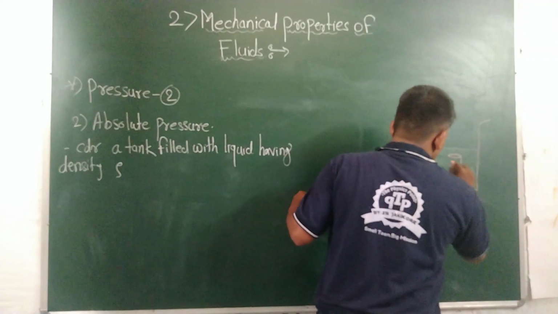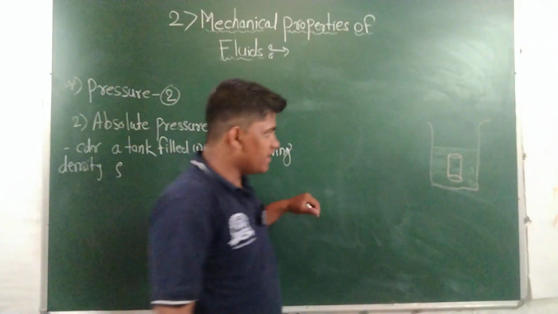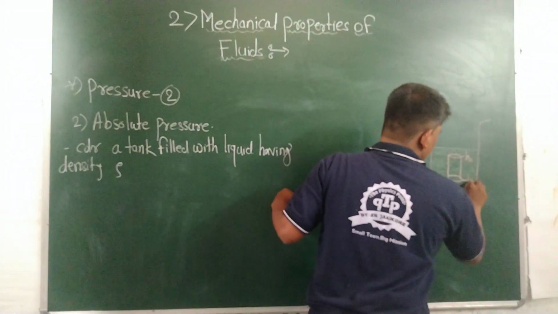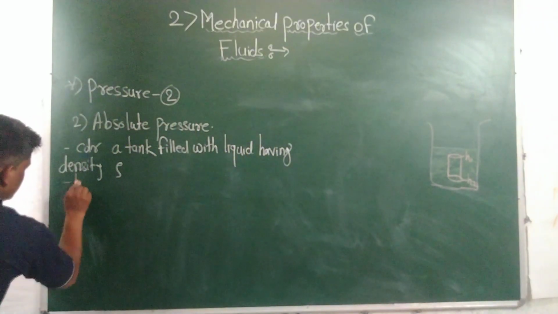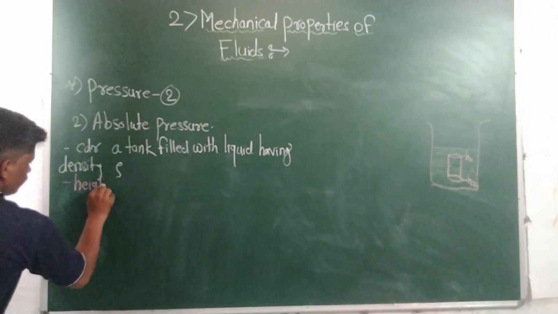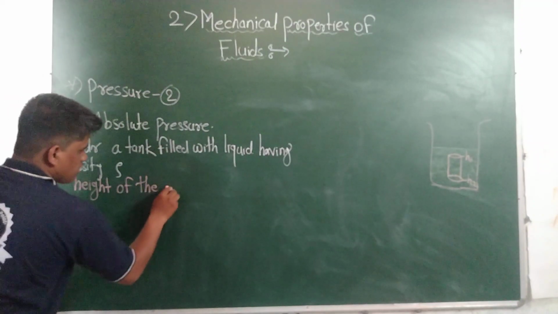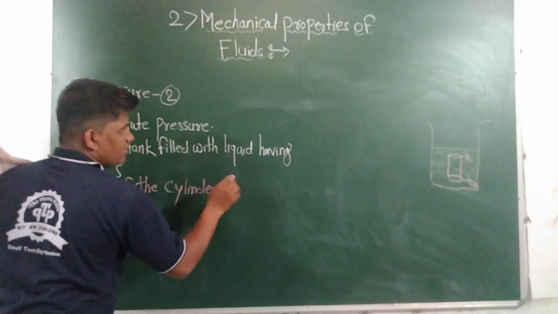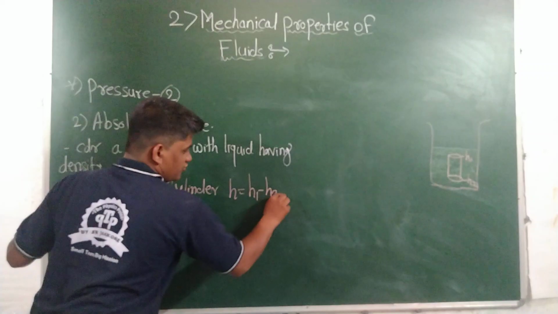This is our imaginary cylinder, and the heights of the points are h1 and h2. The height of the cylinder is h equals h1 minus h2.